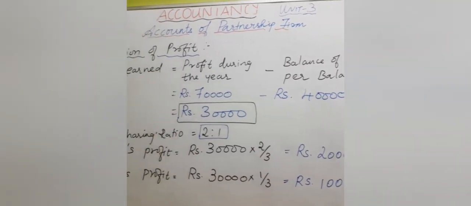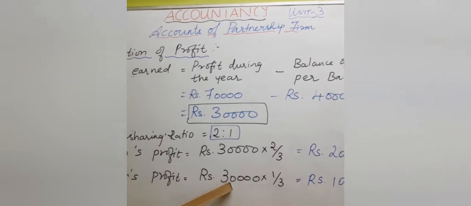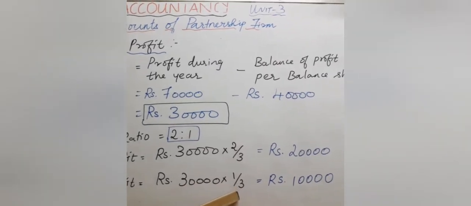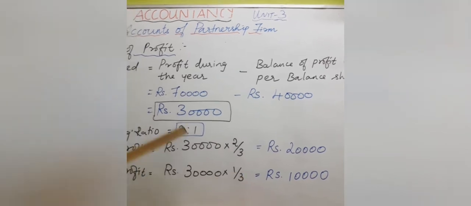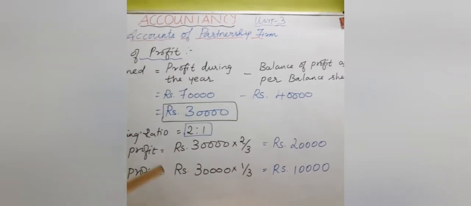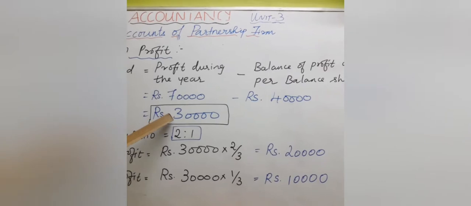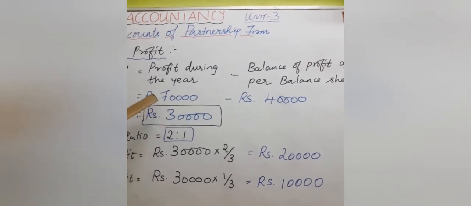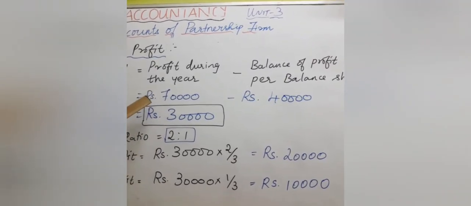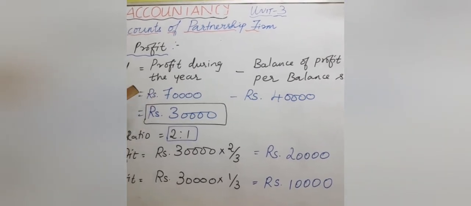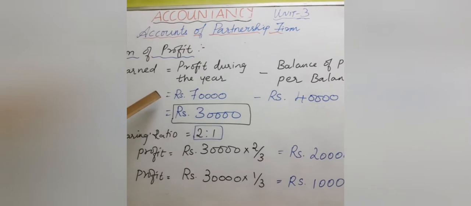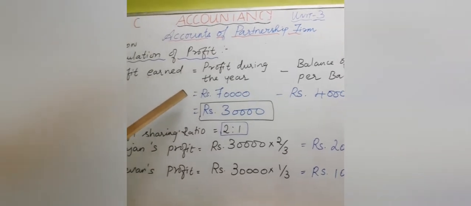Similarly, for Devan, you calculate 30,000 into 1/3, that is his part of profit. You get 10,000. Okay students, hope you understood this portion. Profit earned is not 70,000. Since the profit and loss appropriation account amount is given, it has been done after certain adjustments. So we want to find out the difference.